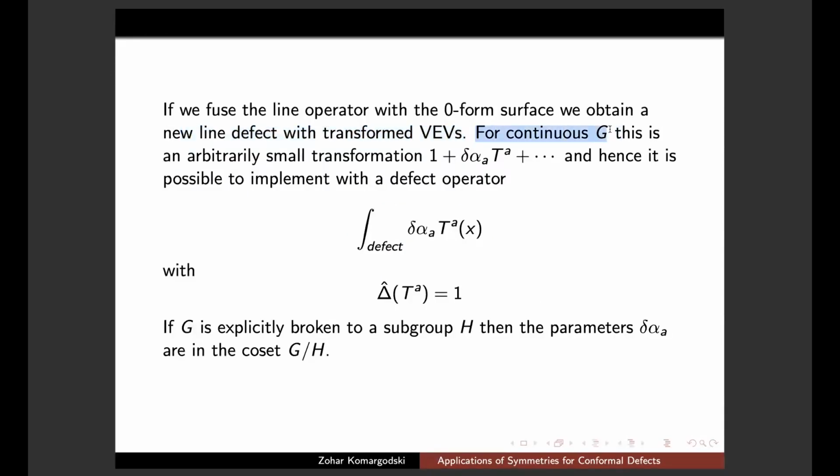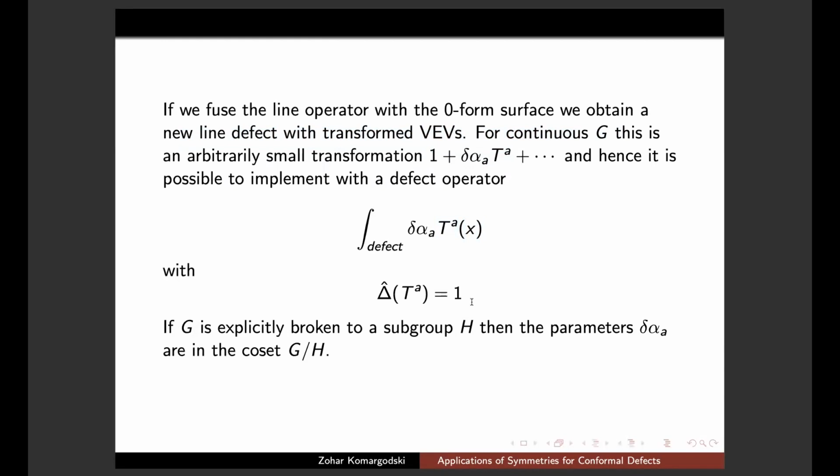For continuous symmetries G, this leads to a very nice implication. We can think about continuous transformations G as being infinitesimal. And hence the fusion can be implemented by integrating a local operator on the defect. And you must obtain some new defect with transformed vacuum expectation values.